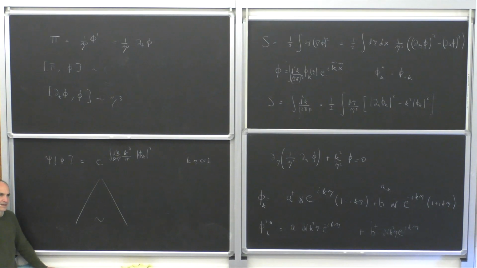Now, the idea is that these modes, when they become part of the effective field theory, come in the vacuum, in something that locally looks like the vacuum, at least at short distances. And then in some sense, you could say they get excited when they cross the horizon. That's one thing you could say.